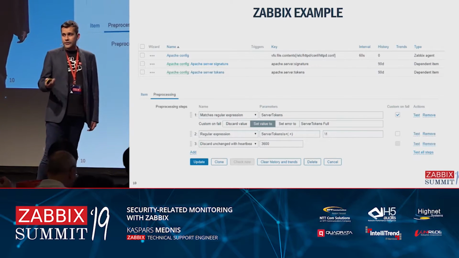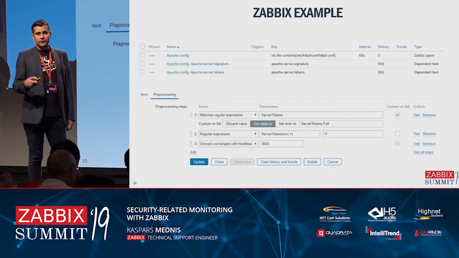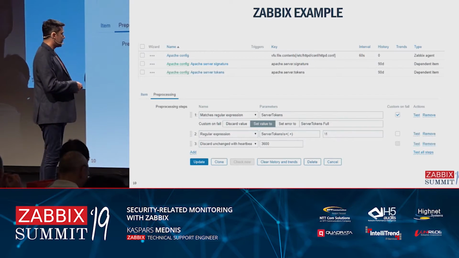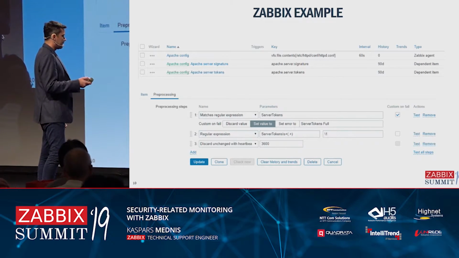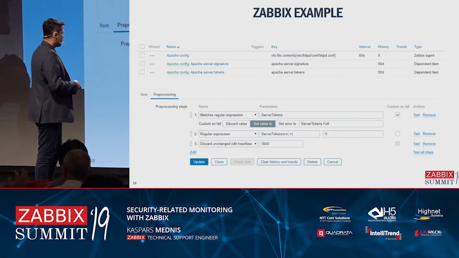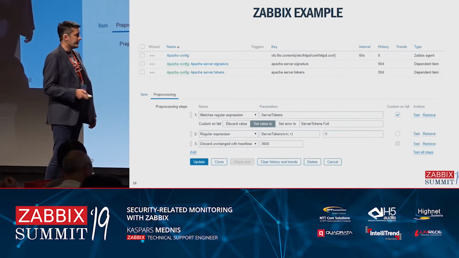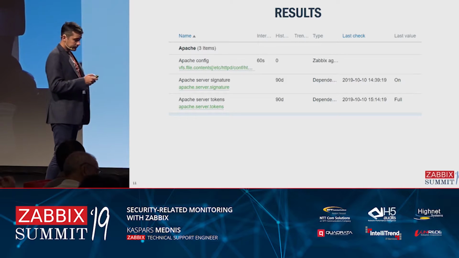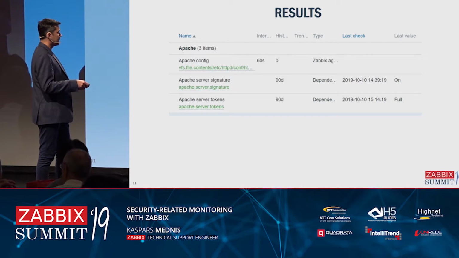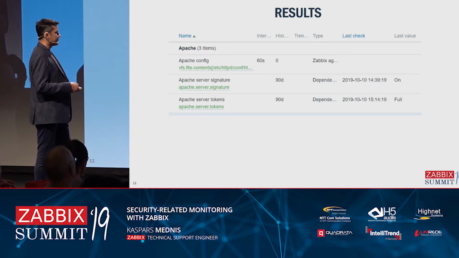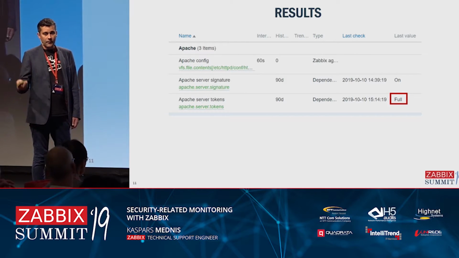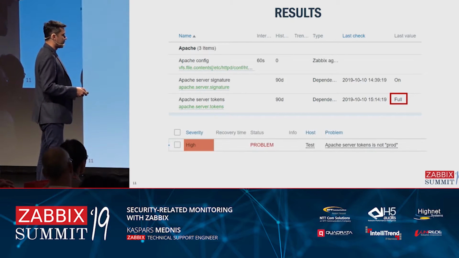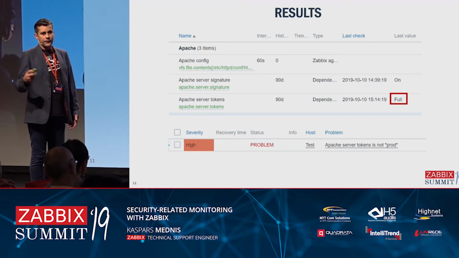You can monitor them every minute, but they will not change every minute. So I'm monitoring every minute, but just storing the information every hour to save disk space. And then you have this in Zabbix. Here, the last value is full, which is not recommended for production. You need prod, and Zabbix will give you an alert.